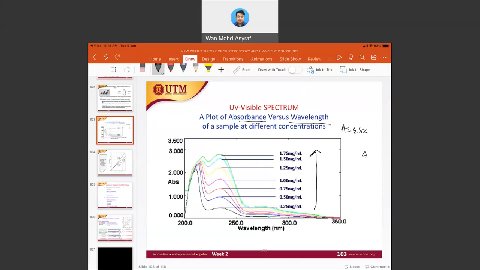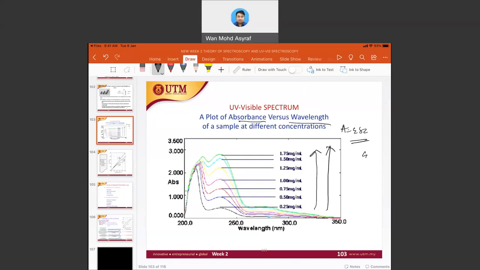As I mentioned before, this is a typical UV visible spectrum. As you can see from this spectrum, whenever we have an increase of concentration, the absorbance also will increase, as I mentioned in Beer's law.